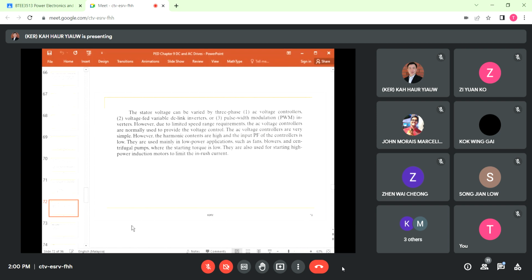However, the harmonic content is high and the input power factor of the controller is low. They are used mainly in low power applications such as fan blowers and centrifugal pumps. They are also used for starting high power induction motors to limit the inrush current.